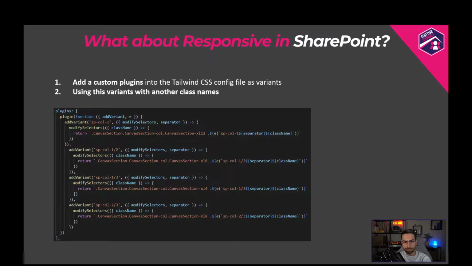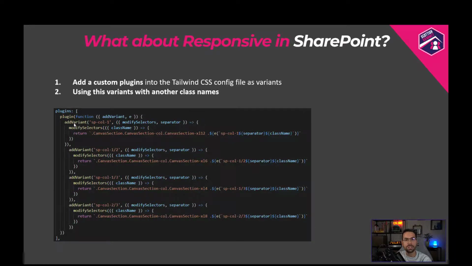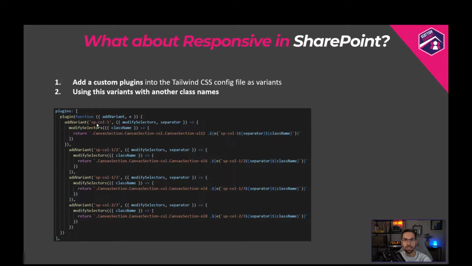To do that, I implement a plugin by using the function that is present inside the Tailwind CSS customization framework, named addVariant. In this case, I define some variants by using these names, like for example sp-col-1 for the section that has only the dimension of one column.